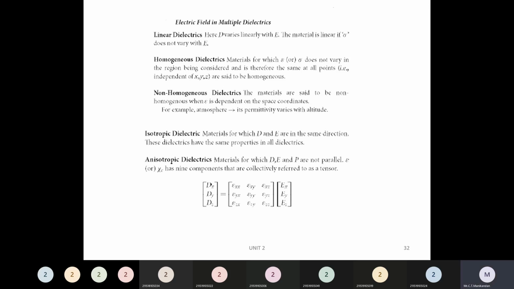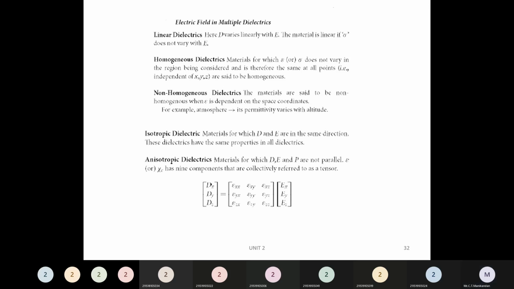A dielectric is a linear dielectric when the flux density varies linearly with E, that is, when flux density and field intensity vary linearly. Next we have the homogeneous dielectric.